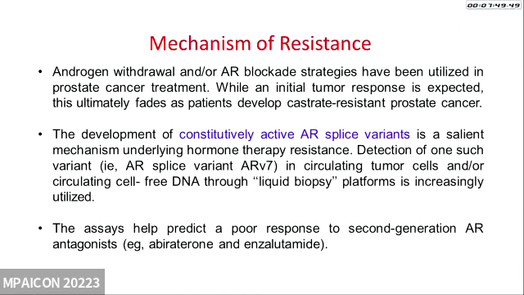Coming to mechanisms of resistance, because you diagnose prostate cancer, androgen receptor blockade strategies are used, but the tumor escapes this and develops resistance, and that happens because of a constitutively active androgen receptor splice variant. This particular splice variant can be estimated in circulating tumor cells or circulating cell-free DNA through liquid biopsy platforms, and this assay helps predict a poor response to second-generation AR antagonists.